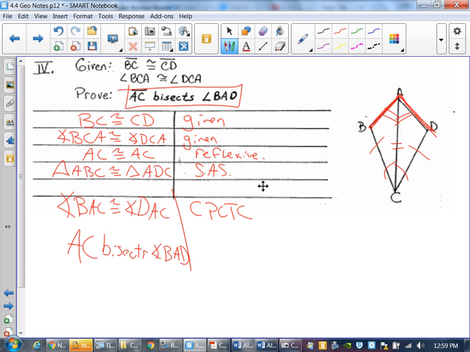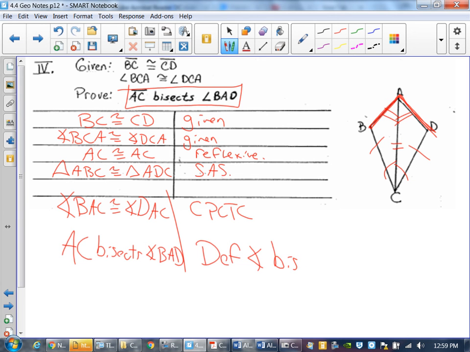We've shown this because of the definition of an angle bisector. That's it. When you have to prove something that is a definition, for the step before it, all you have to do is show that it happened.